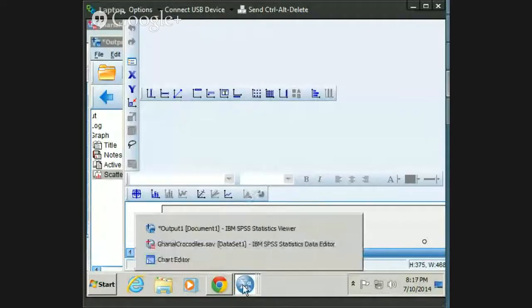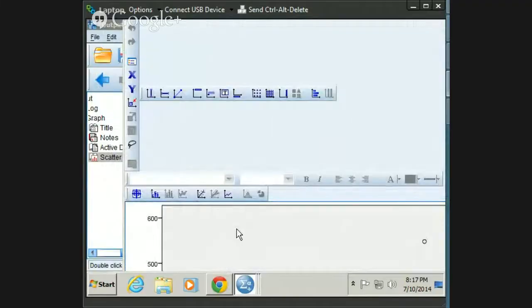Oh, so the chart editor is teeny, so you can't do anything. It's like expanded itself and I can't find it. Is it just that little bar up there?